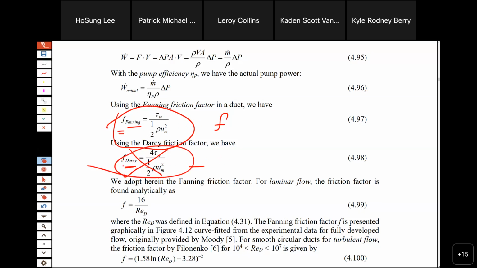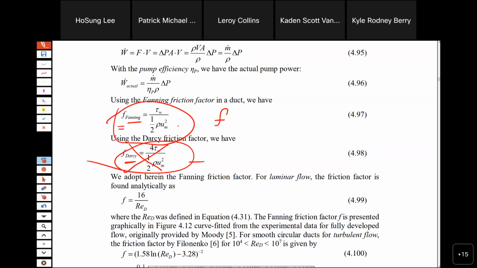Most of them use Darcy, but I don't know why the heat exchanger society uses Fanning. I just follow the society, because if you don't, you have a problem, because all the empirical correlation experiments use Fanning.